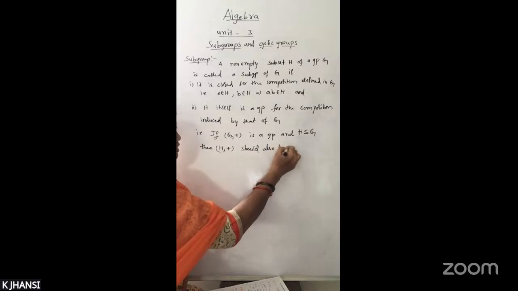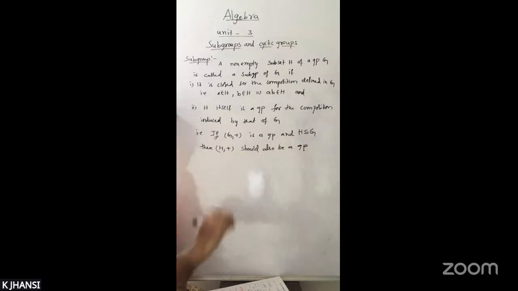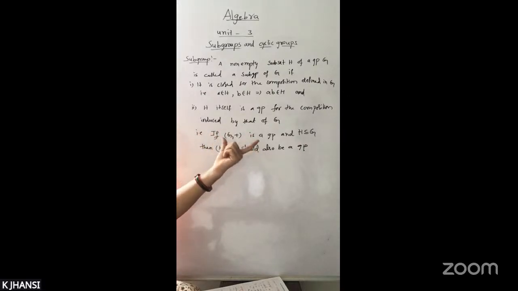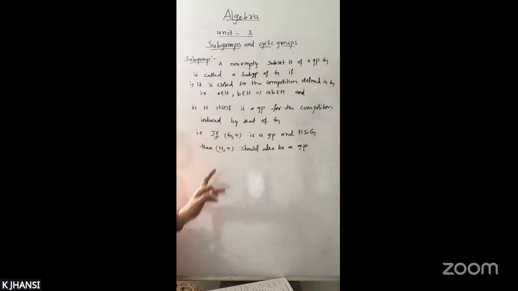That means whenever G comma plus is a group, whatever subset H we take, H comma plus, this algebraic structure, should also be a group. Then only will we say that H is a subgroup.